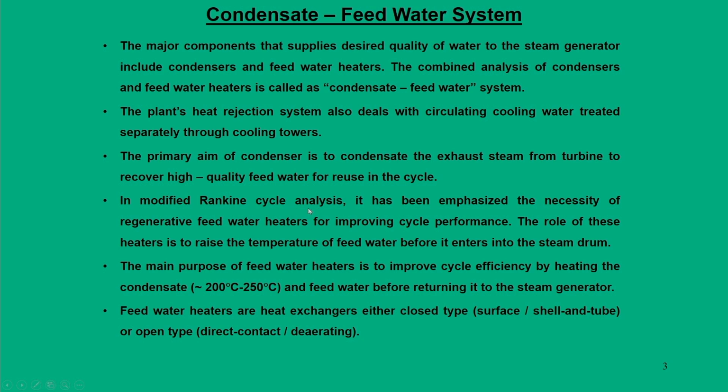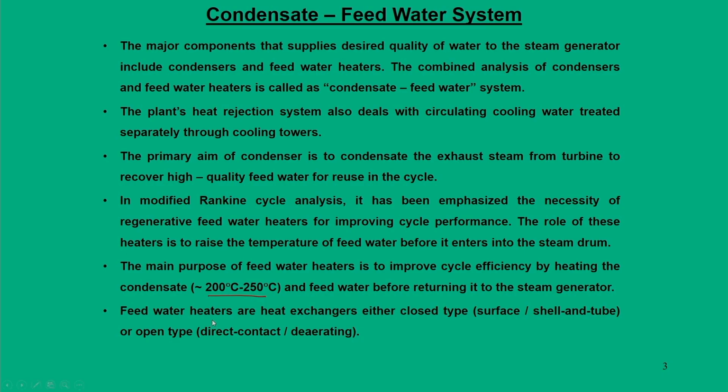In our earlier discussions on the modified Rankine cycle, it was emphasized that regenerative feed water heaters are required for improving the cycle performance, and the role of these feed water heaters is to raise the temperature of the water before it enters the steam drum or steam generator, and by doing so they raise the temperature up to 200 to 250 degrees centigrade. When you raise the temperature to this level, obviously the boiler load also will come down.